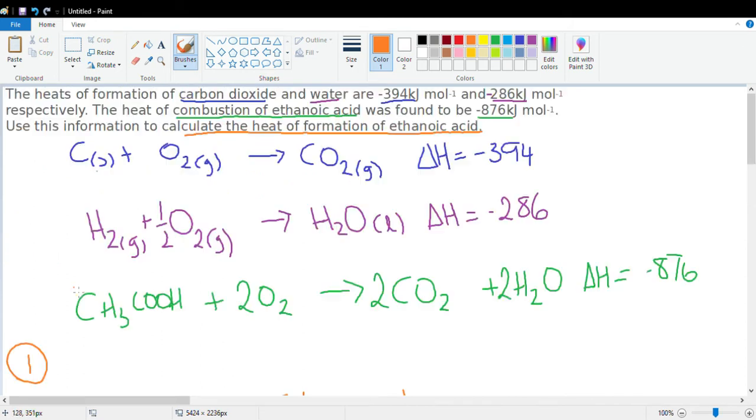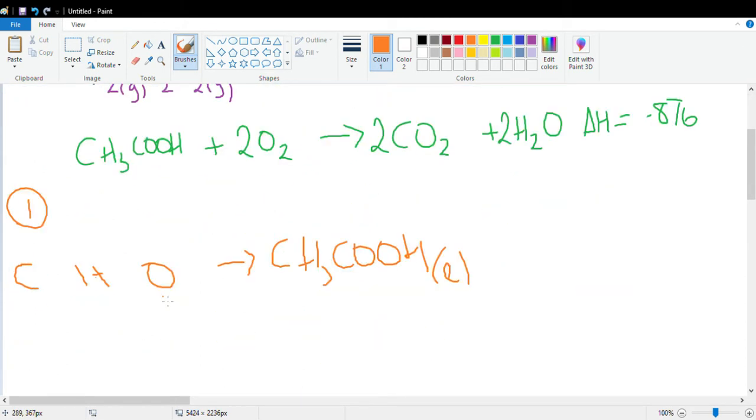I'll zoom in again. So we know we've talked about hydrogen and oxygen already, and we've talked about carbon. So that's going to be a solid, gas, and gas. So that's the overall equation that we're looking for. That's a big mess, sorry. That's the overall equation that we need to find.